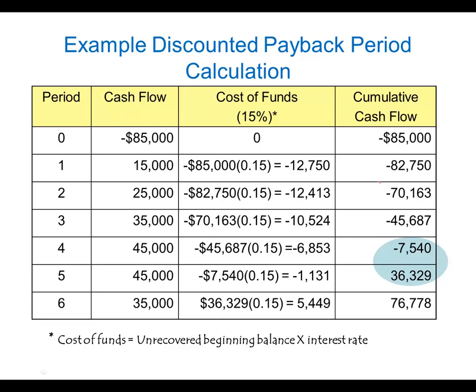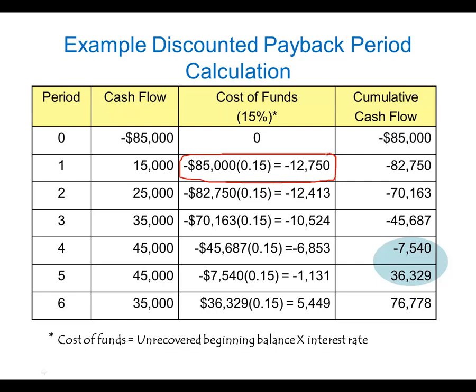And this is what we owe now. And then with the 25,000, again we need 15% of what's left on the account. We add that, pay the 25,000, and we calculate what's left, and so on.